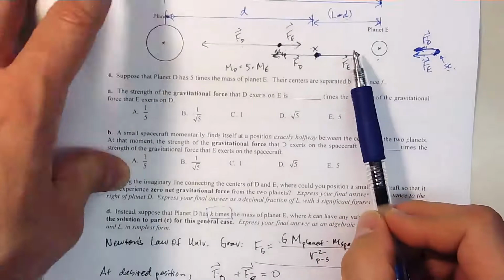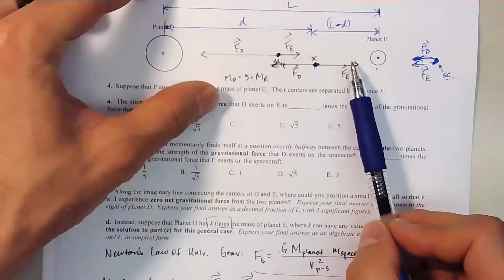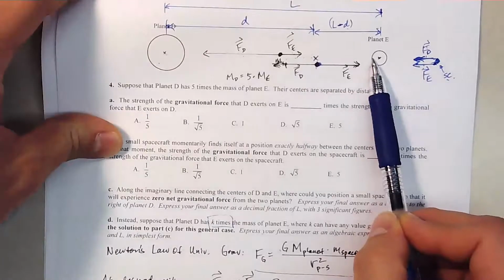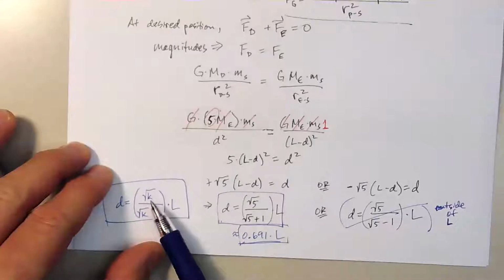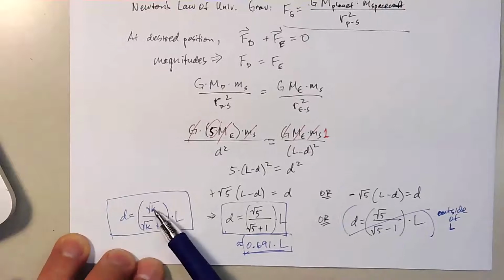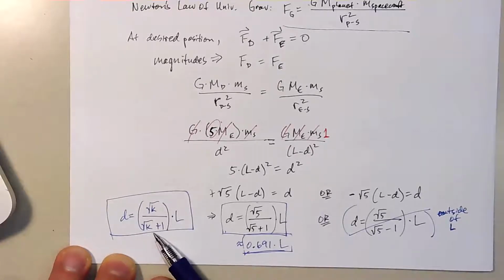Until finally you can see that if little k is really ginormous, so that planet D is massive compared to planet E, you would have to almost be sitting right on top of planet E for the two forces to balance out. So if we explore the extremes here, if k is extremely large, then the +1 becomes negligible, and this approaches root k over root k, which approaches unity.